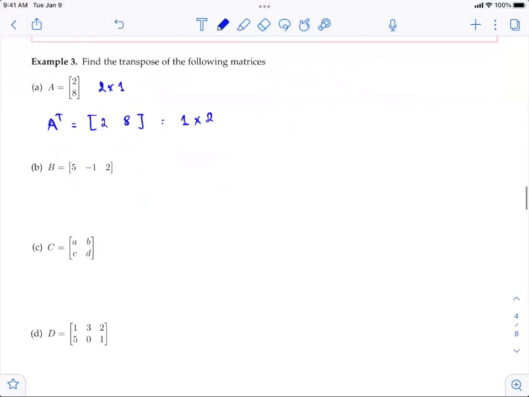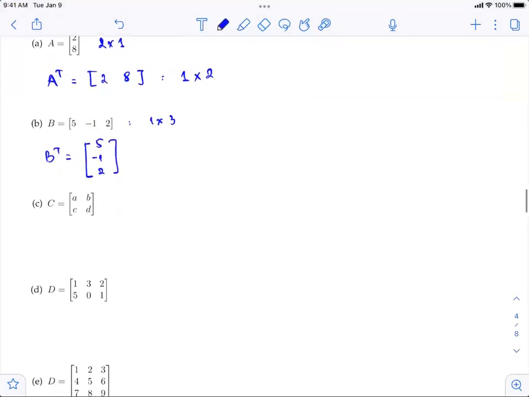Now this is a row matrix of size 1 by 3 because you have 1 row and 3 columns, and the transpose of that is 5, -1, 2, which is of size 3 by 1.